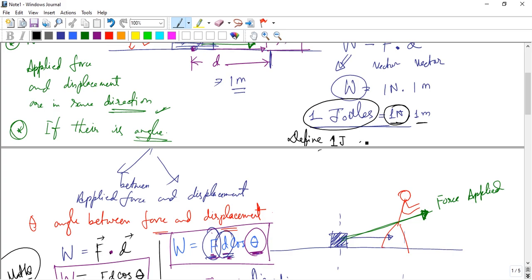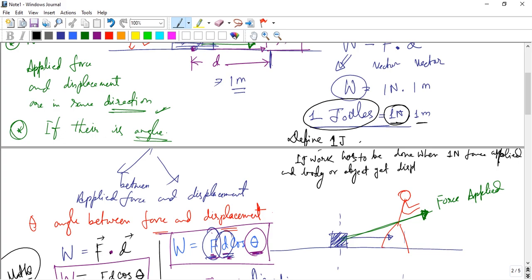So 1 joule of work is done when 1 Newton force is applied and the body or object gets displaced 1 meter in the direction of force.